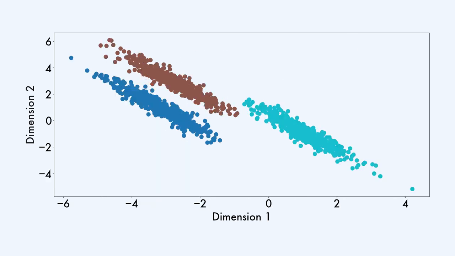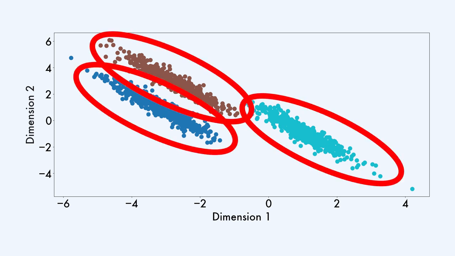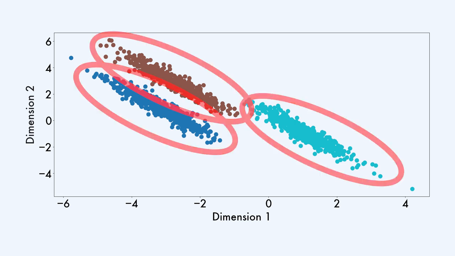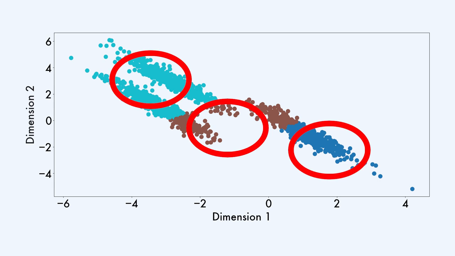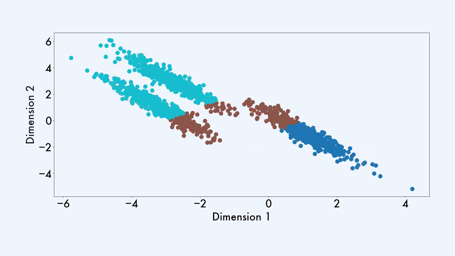For example, when the shapes are more elliptical, the algorithm tends not to work so well. See this example. We can visually distinguish very well 3 clusters. But because of the elliptical shape of the clusters, K-means fails to find the real set of clusters. It looks as if the algorithm is trying to find circles instead of ellipses in the data.